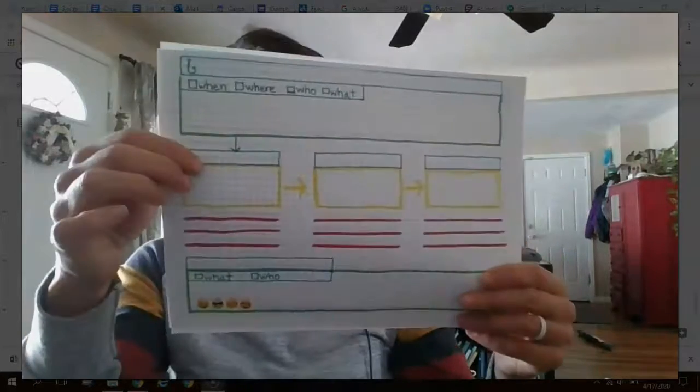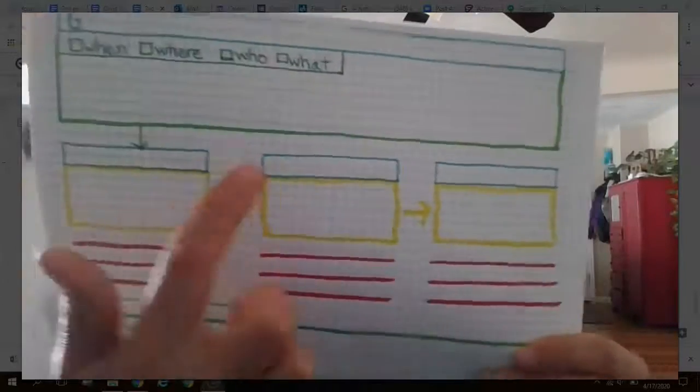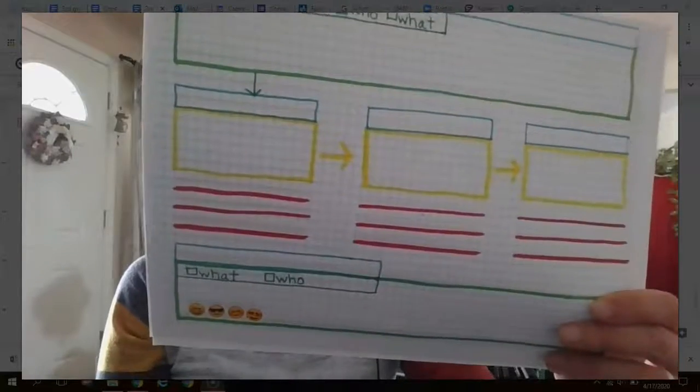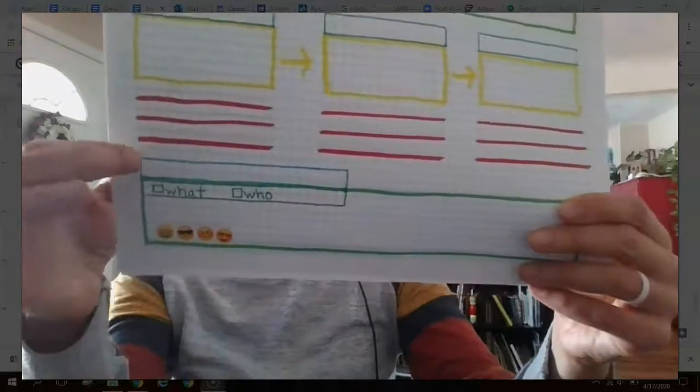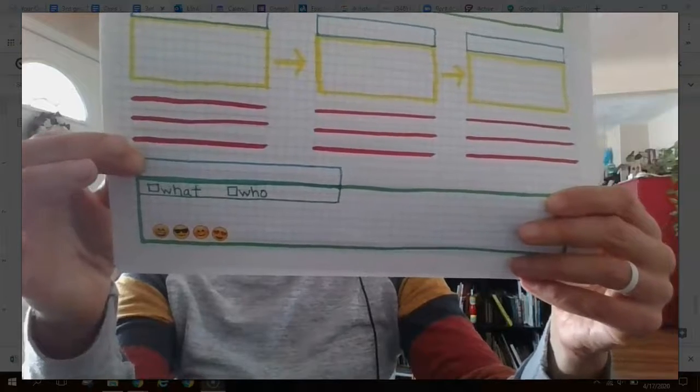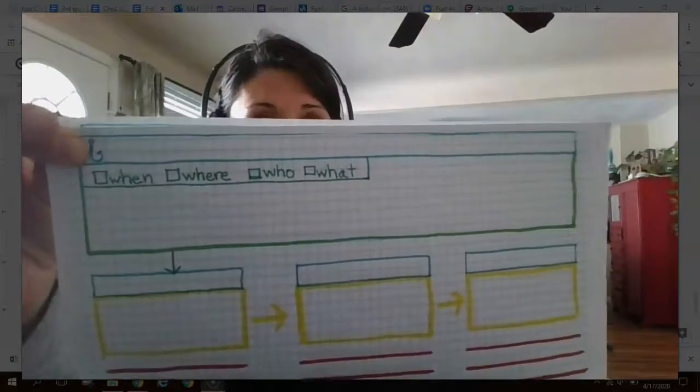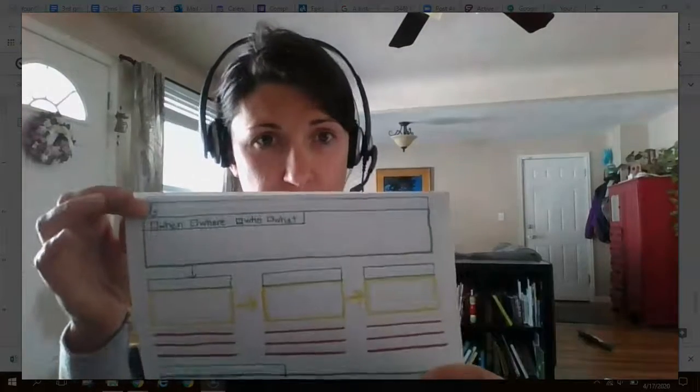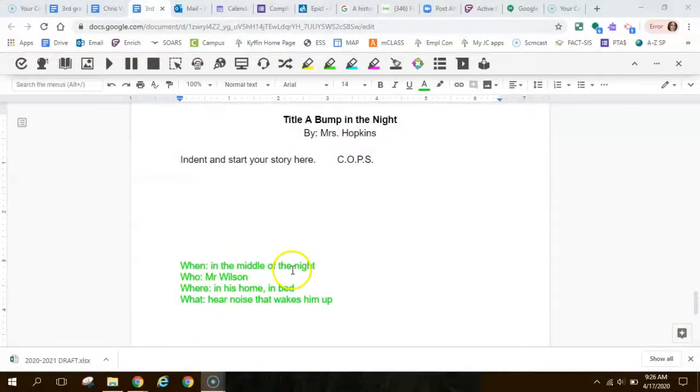What I like about this is it also has spaces for your transition phrases and also a transition phrase for your conclusion. So instead of a transition phrase at the beginning, because we're not transitioning from anything, we are going to start with a hook. For my story, I'm just going to go over my story elements very quickly.